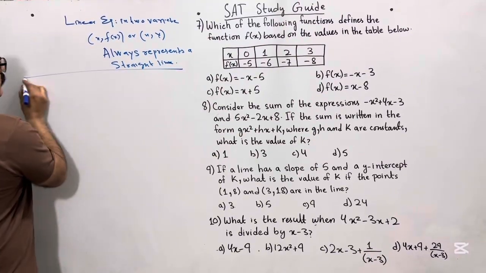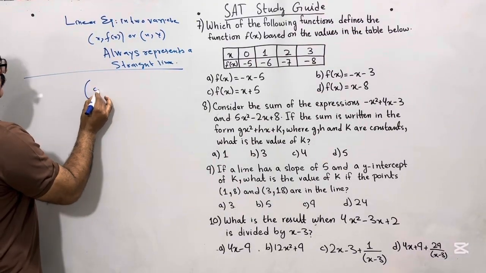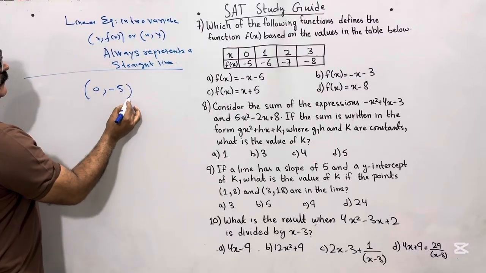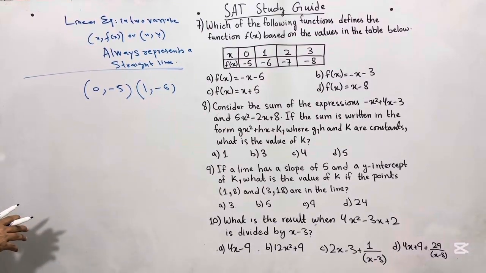How to write its equation? Take any 2 points and find the gradient first. 0, minus 5 and 1, minus 6. I am taking the first two.